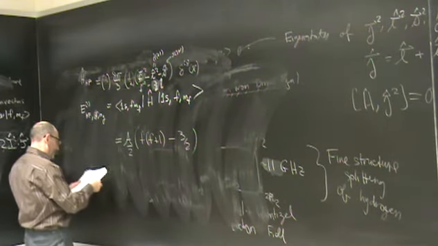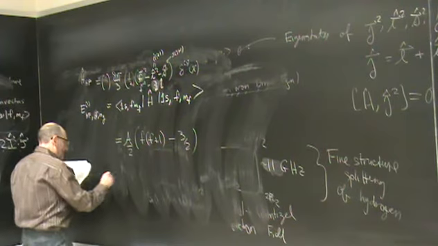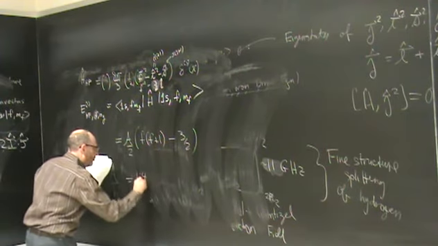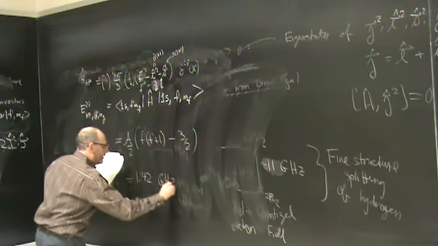Where A, this little value of A, in units of Planck's constant, is 1.42 gigahertz.